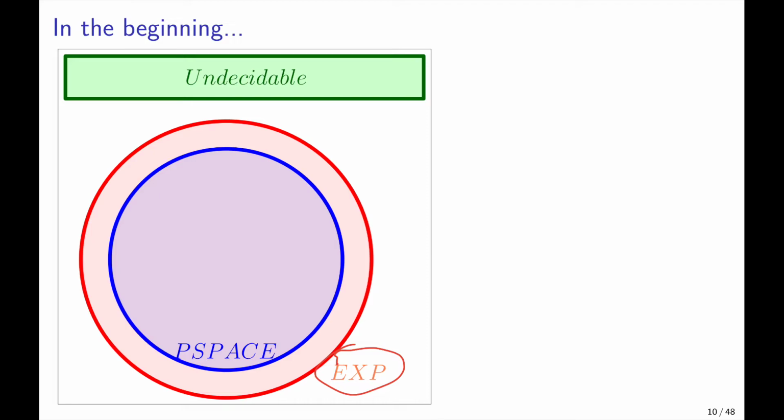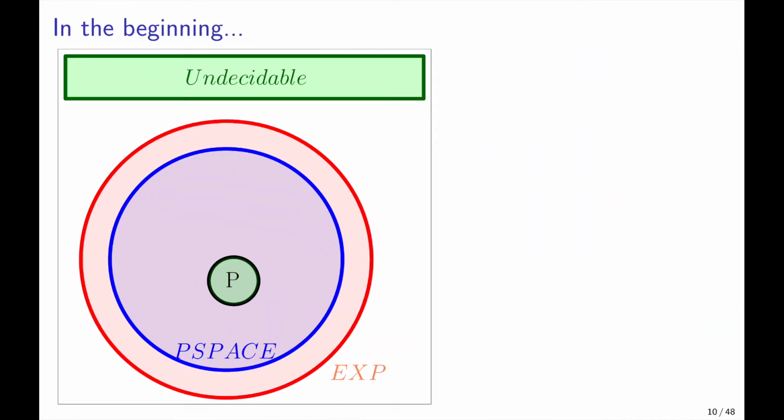Inside EXP we have a subclass called PSPACE. PSPACE is all the problems that can be solved using polynomial space. It's easy to argue that if you have polynomial space, then simulating the algorithm, going through all possible states, the overall running time is bounded by exponential. So that's why it's contained in EXP.